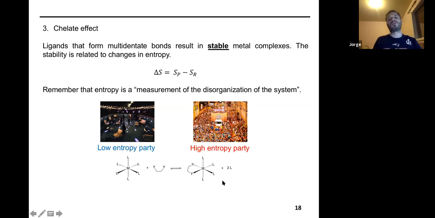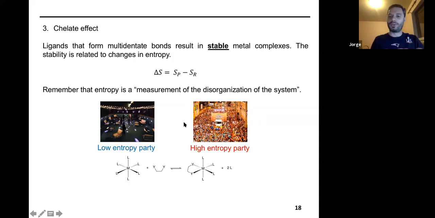Okay, so now I want to analyze with you what happens with the entropy of the products compared with the entropy of the reagents. And remember, all the reactions want to move towards a high entropy party.